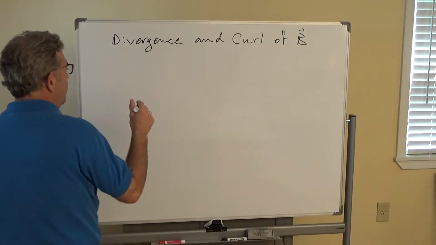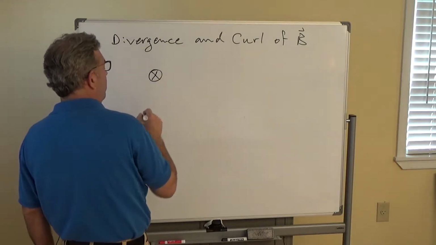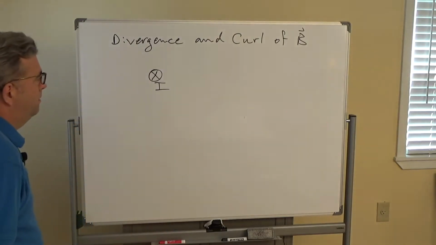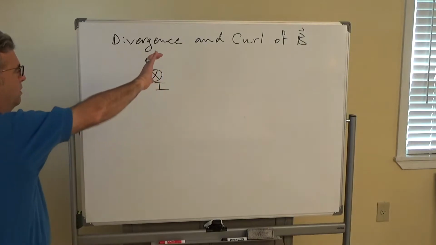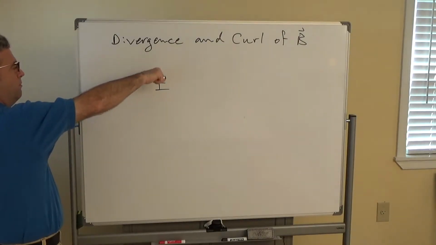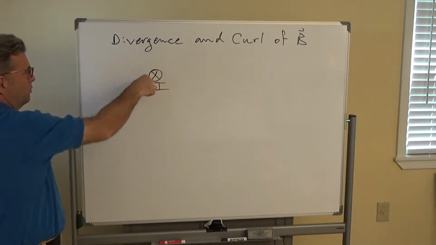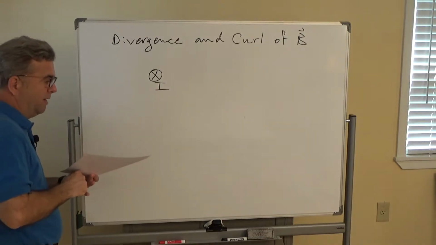So like we talked about before, think of a straight wire. Let's say that the current is going into the board like this. Then if you put the thumb of your right hand in the direction of current flow, your fingers will wrap around the wire in the direction of the magnetic field.